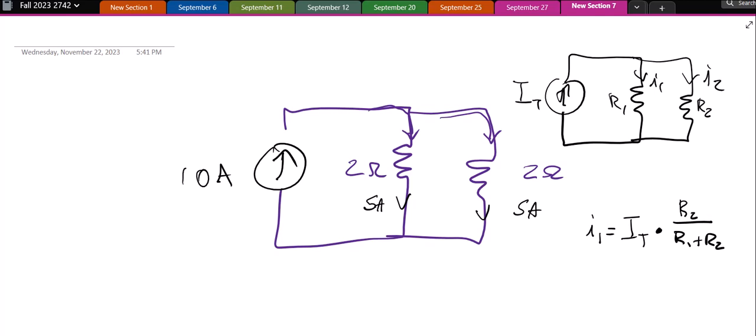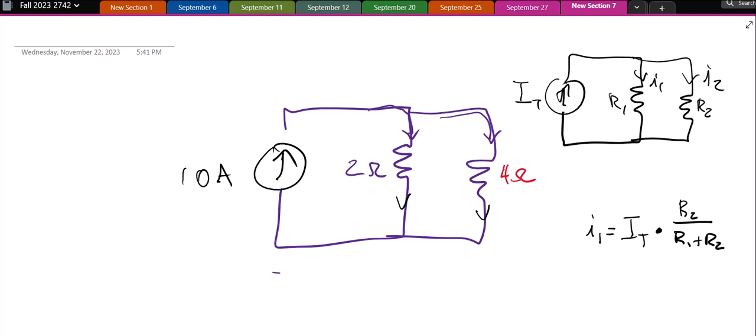In this example, if I change this to be 4 ohms, first of all, we would expect that we would have twice as much current going through the 2 ohm resistor than through the 4 ohm resistor, because the 4 ohm resistor has twice the resistance. But let's see if that's what actually happens.